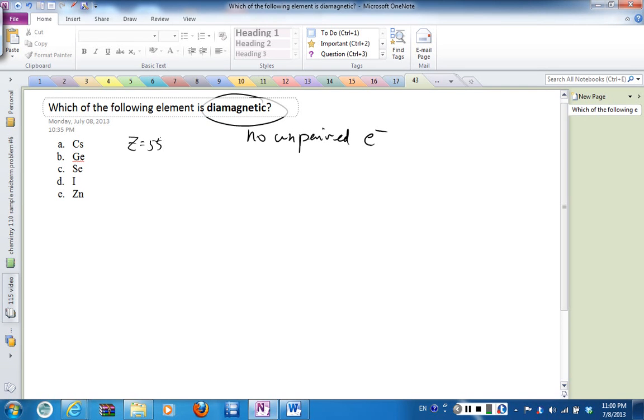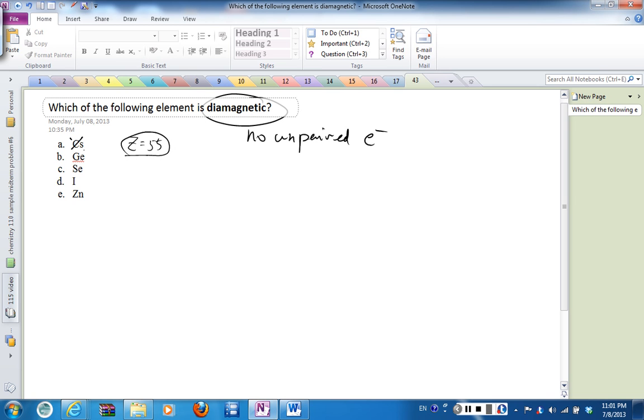Once we know the atomic number of cesium, there's really no need to look at the electron configuration anymore. When your atomic number is an odd number, there's no way that you pair all the electrons up. It's as simple as that.